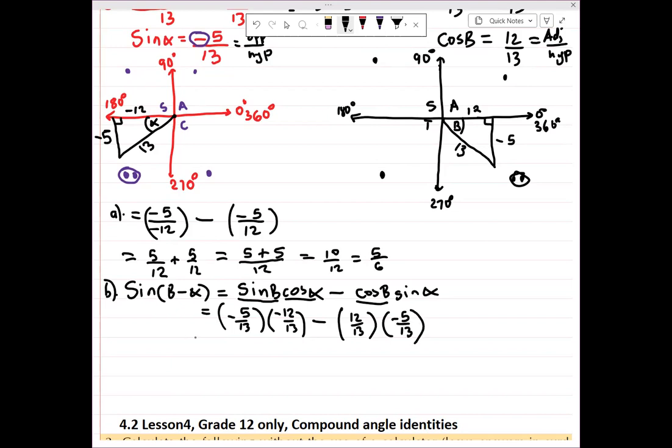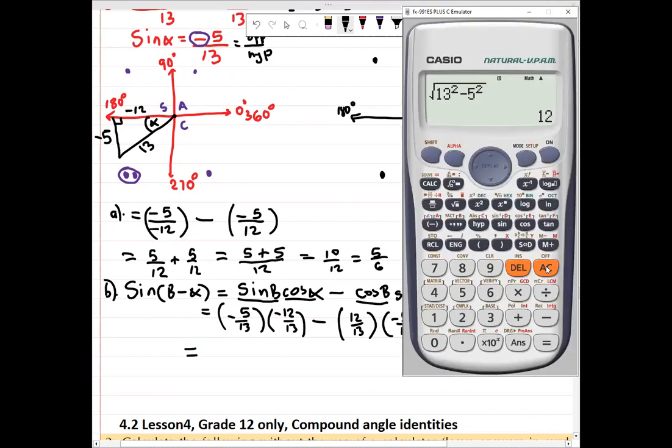Perfect. And now we can press our calculator for this part. Let's do that. So we're going to have AC, negative 5 over 13, then minus 12 over 13.